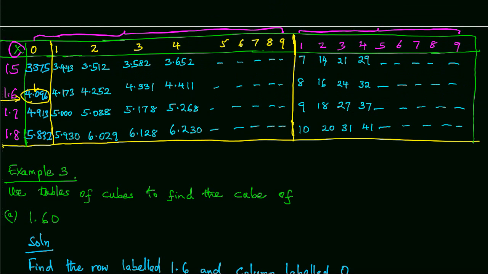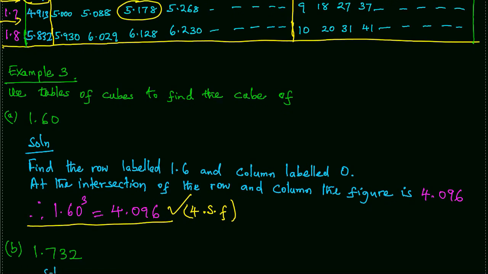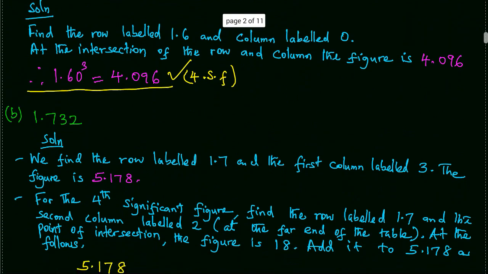So that is 1.7, column 3. Their point of intersection is 5.178.